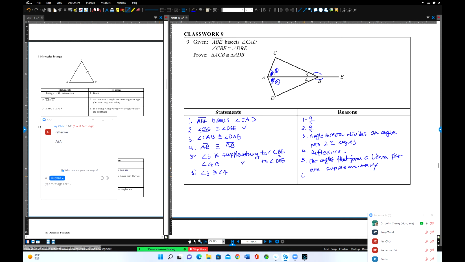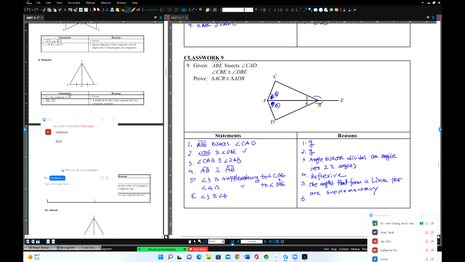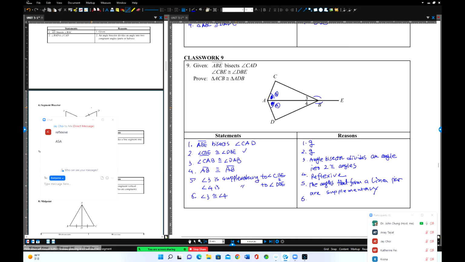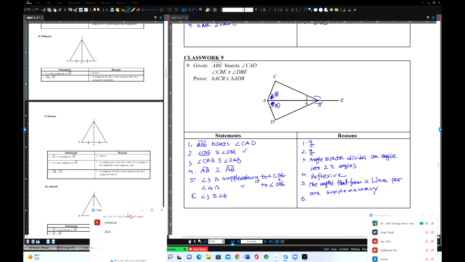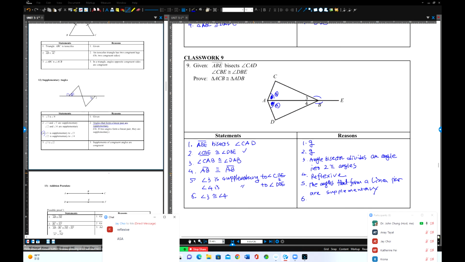The reason we already got, we memorized: supplements of congruent angles are congruent. You have to memorize this one.